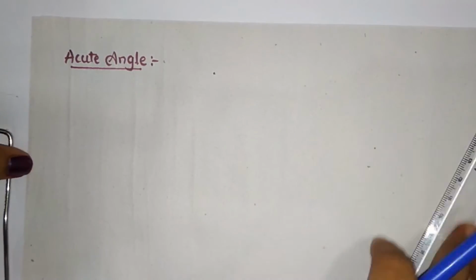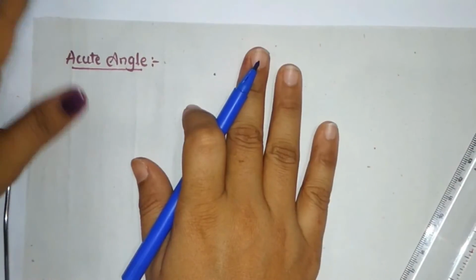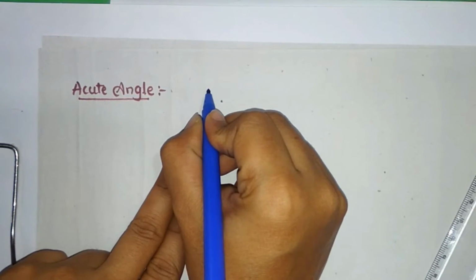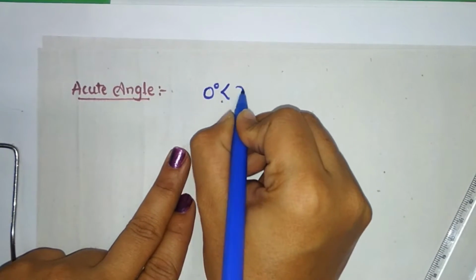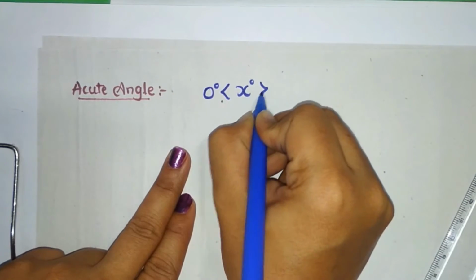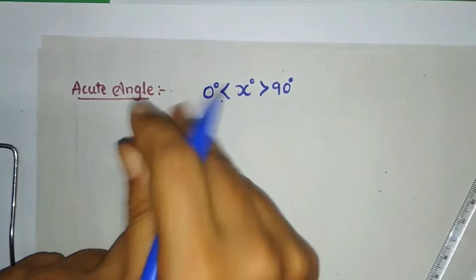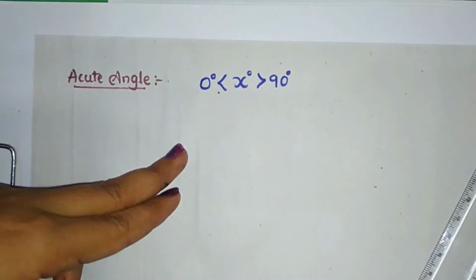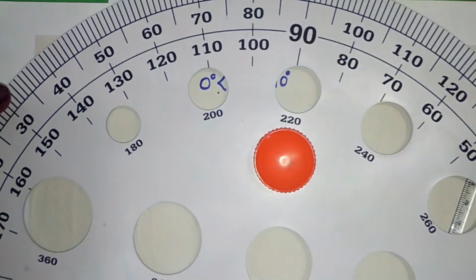First of all, we will go with the acute angle. What is an acute angle? We already learned by the definition that it is an angle which measures more than 0 degree and less than 90 degree. Now what degrees come in between 0 and 90? Let us see with the help of this protractor.